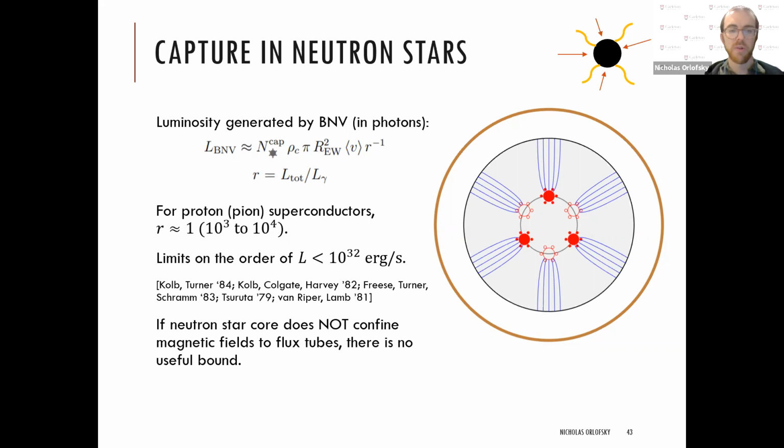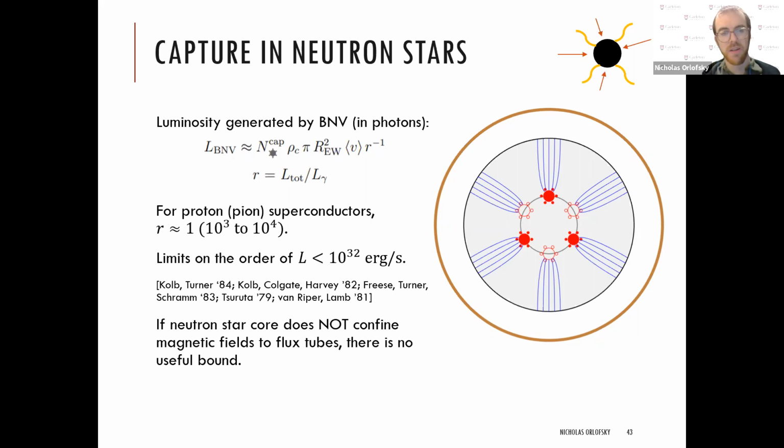So if it's a proton superconductor, it turns out that most of the energy that's released by the black hole will eventually be emitted as photons. This ratio is of order 1. Whereas if it's a pion superconductor, for instance, much less of the energy ends up as photons. A lot more of it ends up as neutrinos.